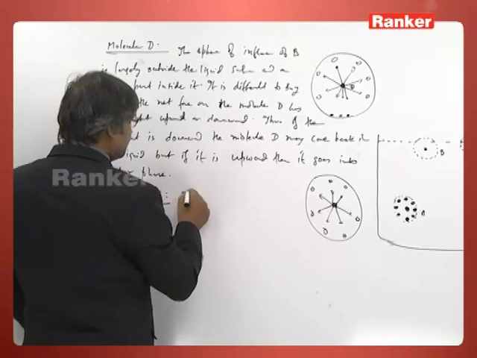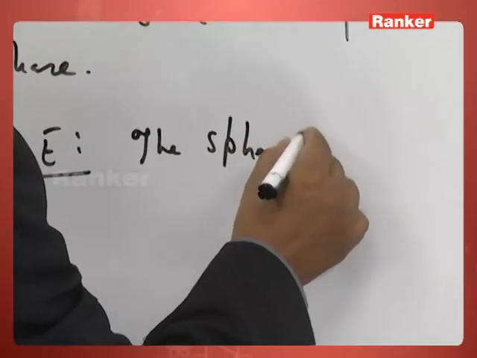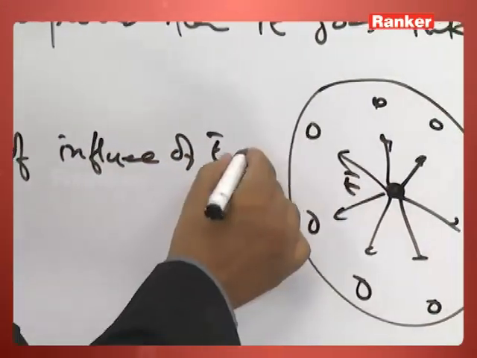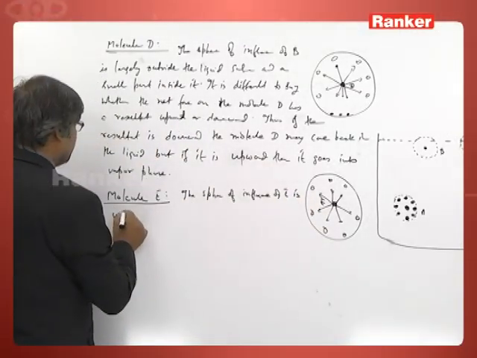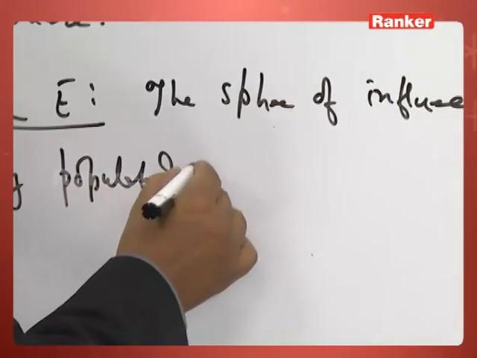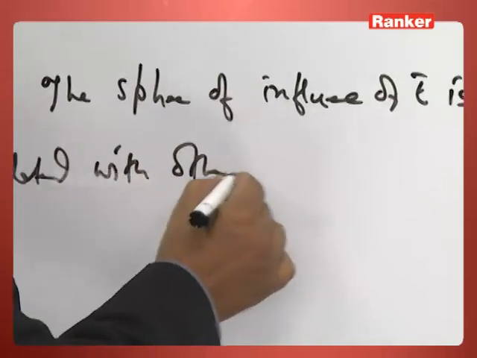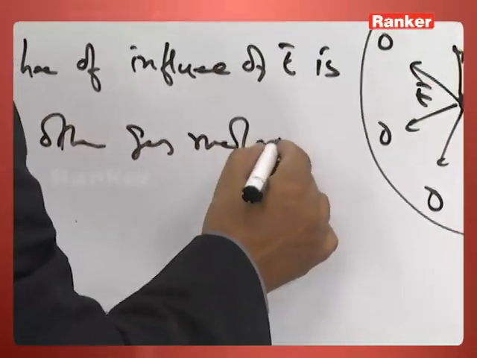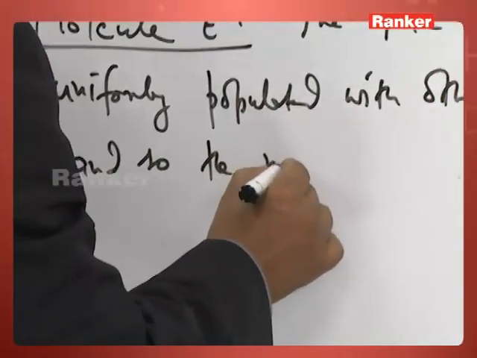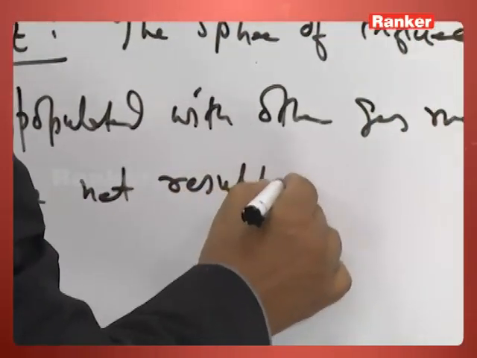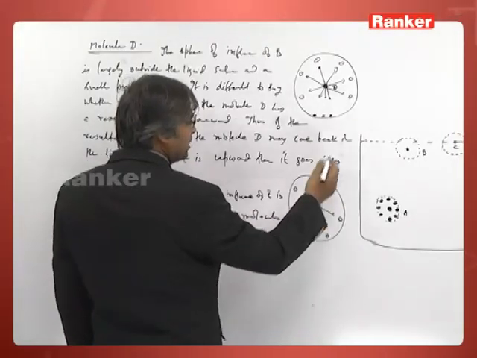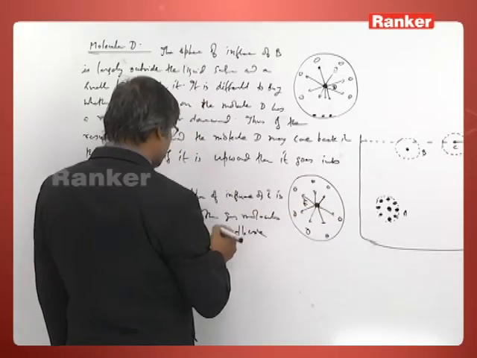So, the sphere of influence of E is uniformly populated with other gas molecules, and so the net resultant of adhesive. Now, suppose these are vapors, there is no other molecules, then I have to call it cohesive.